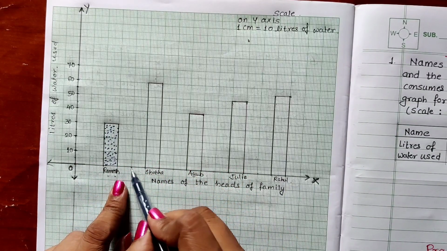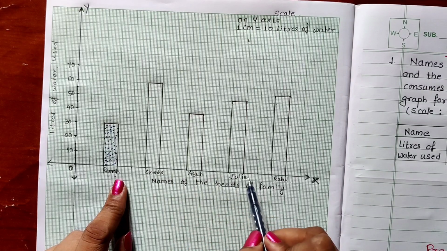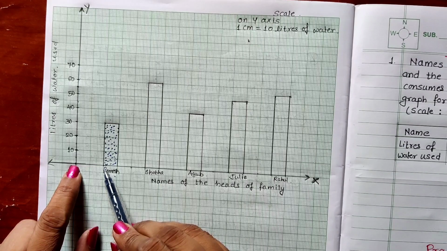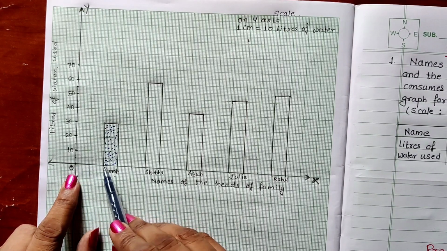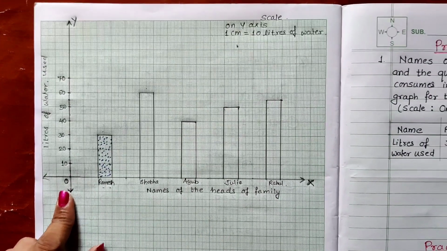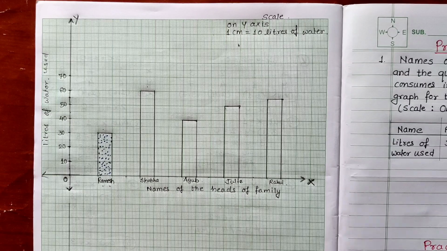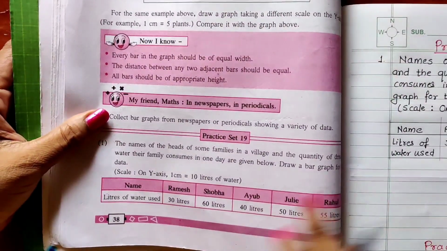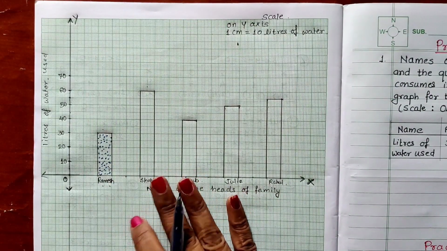Can you see? 1, 2, 2 units, 1, 2, 2 units. From 0 to first bar also 2 units distance is there, 1, 2. So in this way you have to draw the bars in a graph to represent this data.